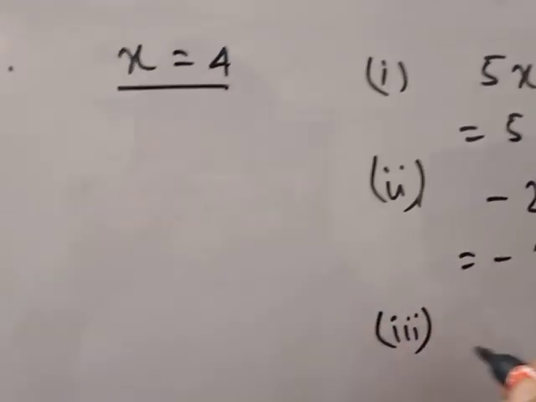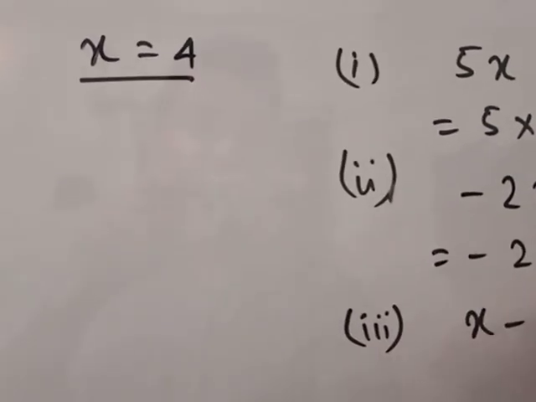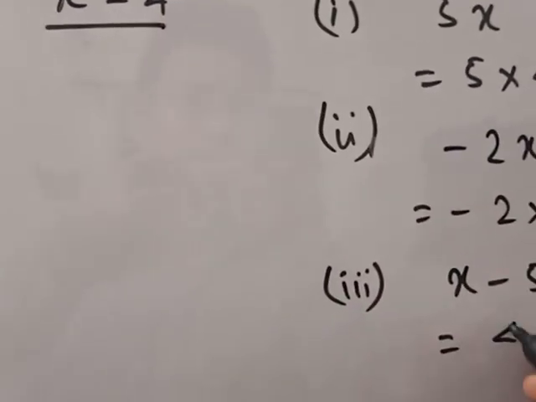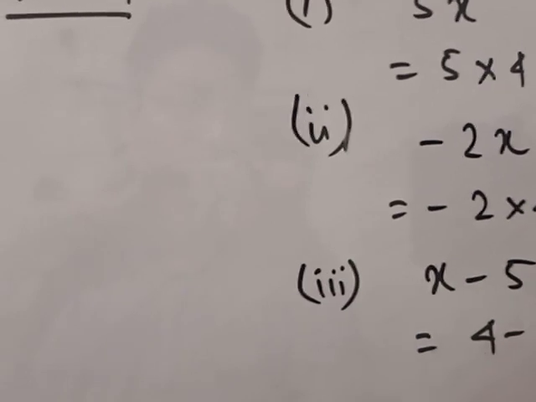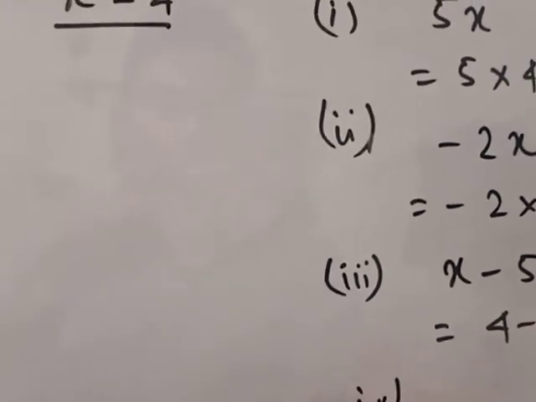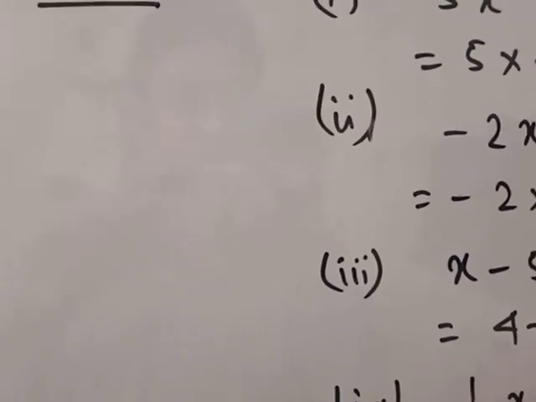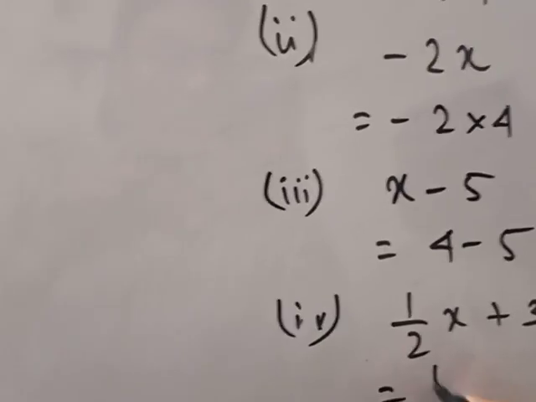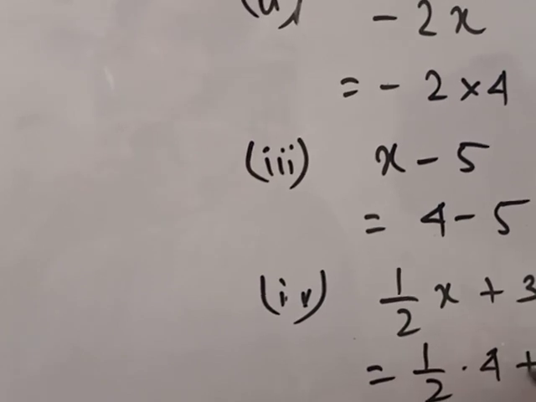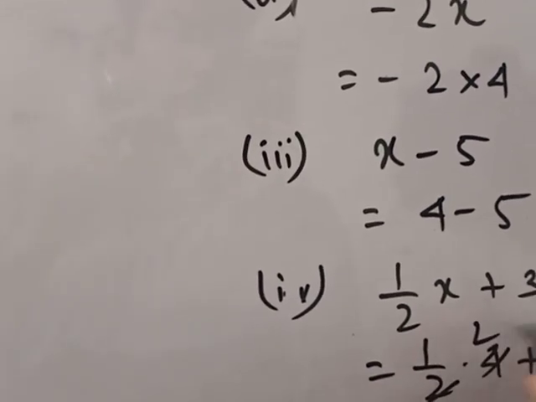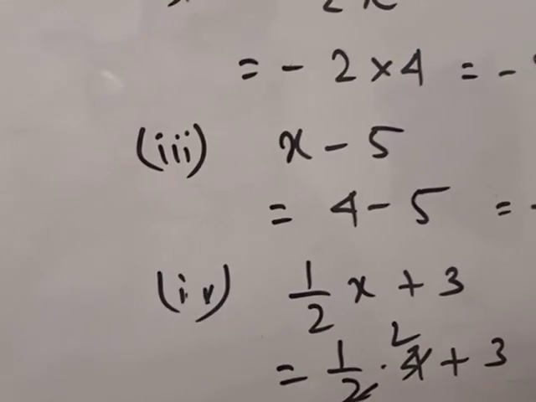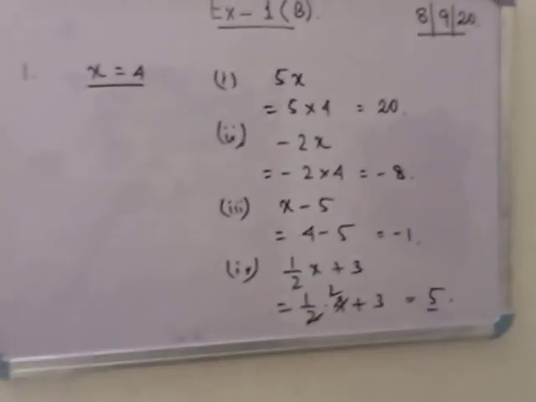Number 3, x minus 5. So the value of x is 4, so 4 minus 5, this is minus 1. And number 4, 1 by 2x plus 3. So that means 1 by 2 into 4 plus 3. This cancels to 2, so 2 plus 3 is 5.